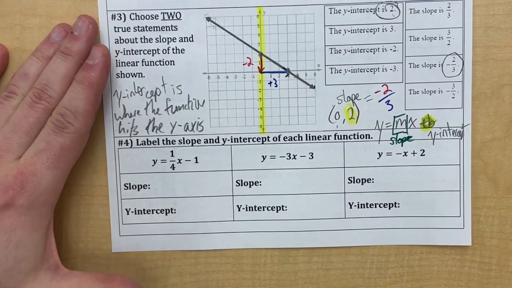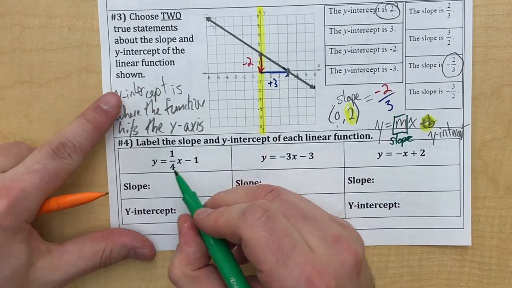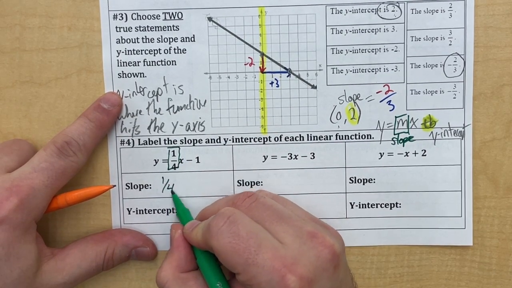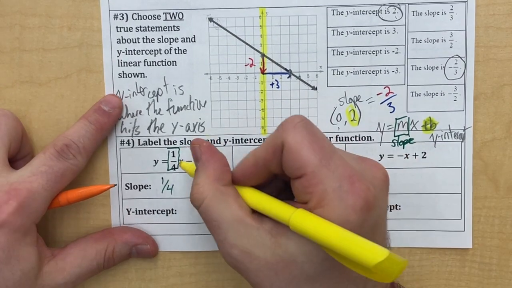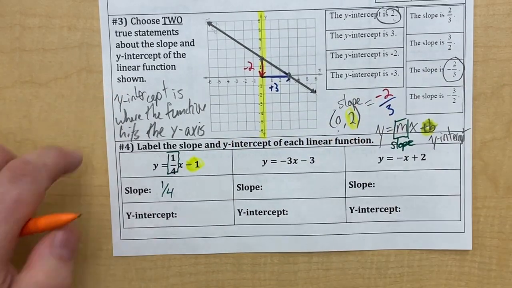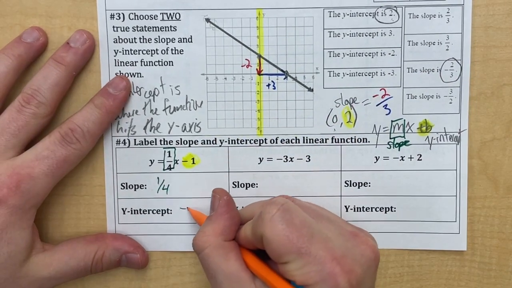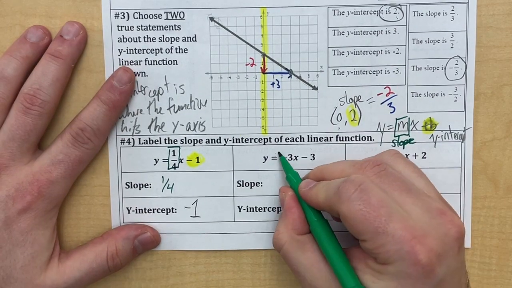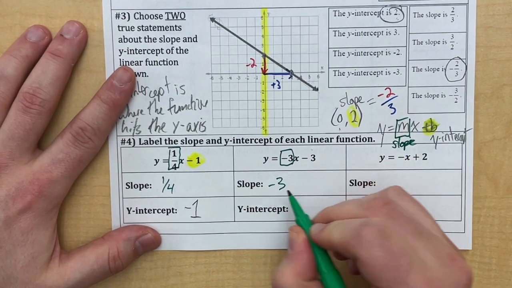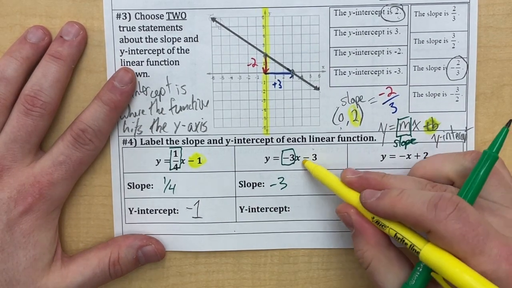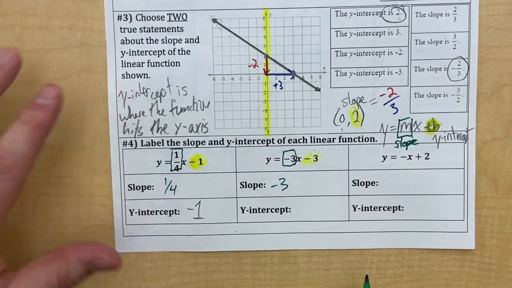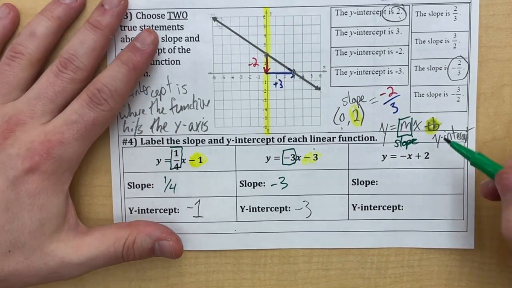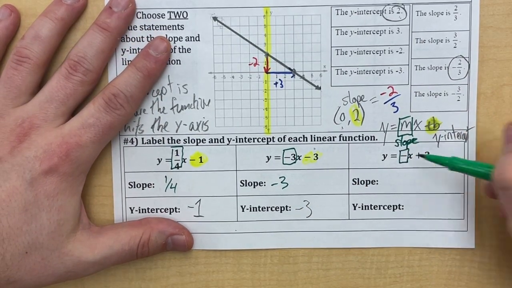So for example, in that first one, I can say, all right, I have 1/4 as slope, and I'm going to say my -1 is going to be my y-intercept. So I have -1 as my y-intercept. Same idea for the next one. I have -3 as my slope, and I also have -3 as my y-intercept. For the last one, this one's a little bit trickier.